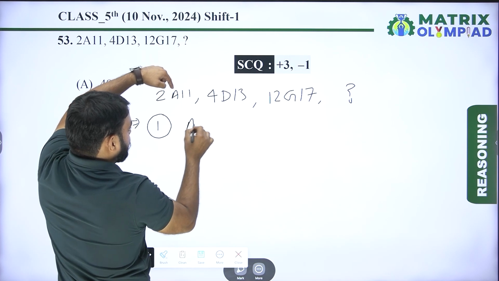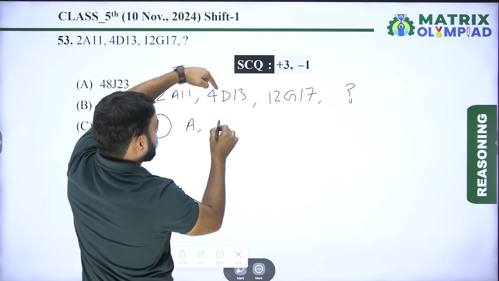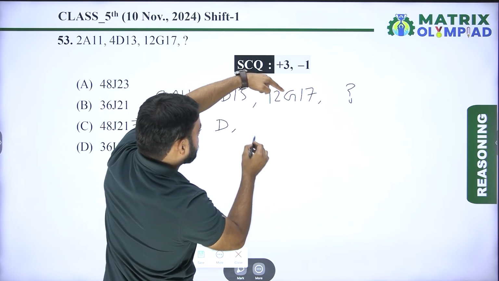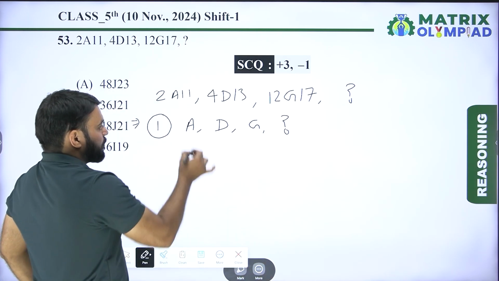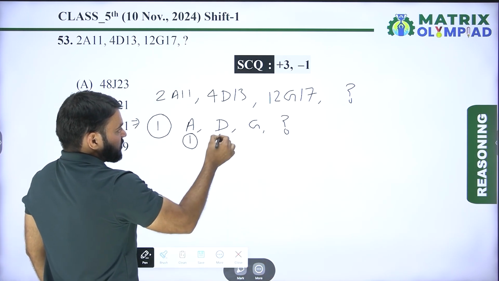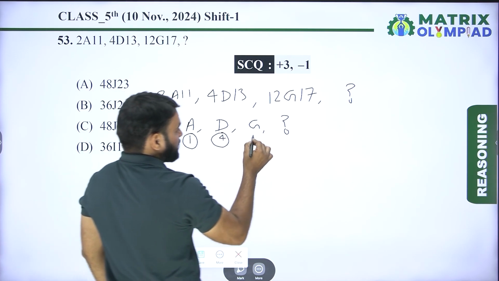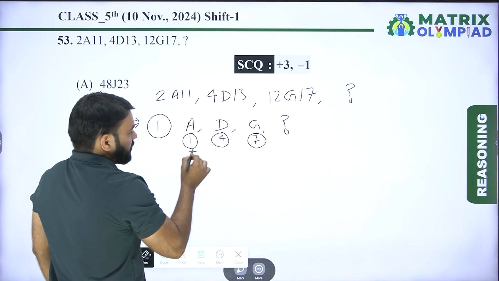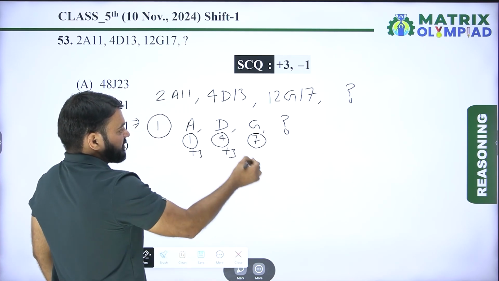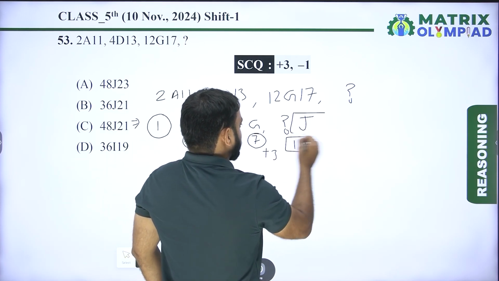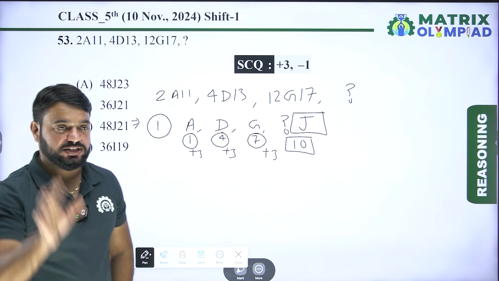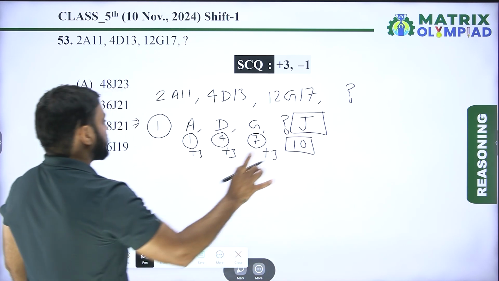So alphabet of first term is A, alphabet of second term is D, alphabet of third term is G. After G, next is missing. So place value of A is 1, place value of D is 4, place value of G is 7. So now pattern is 1 plus 3 it means 4, 4 plus 3 it means 7, now 7 plus 3 it means 10. So 10 it means J, because place value of J in English alphabet is 10. So missing alphabet is J.